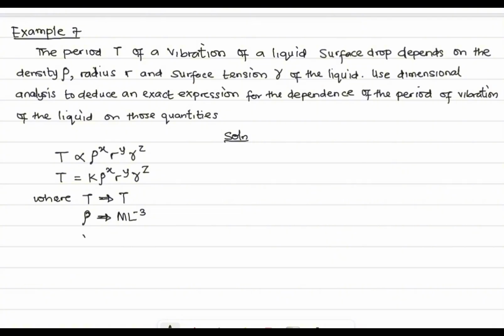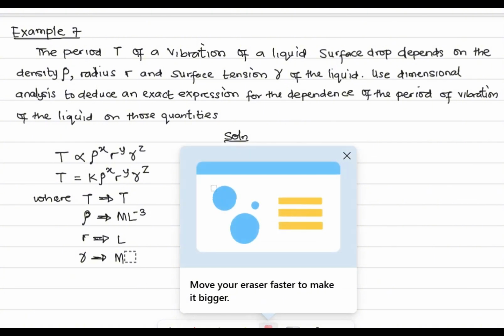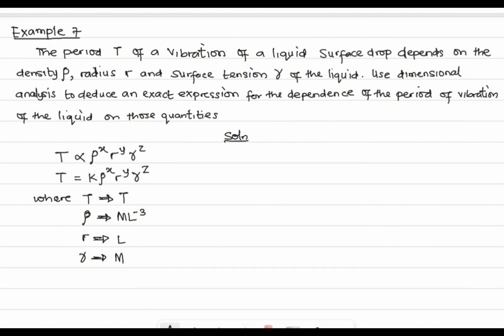The dimension for radius is L, and the dimension for surface tension is m L, sorry, no L, there's a mistake. So let's erase that. It's going to be m t minus 2.